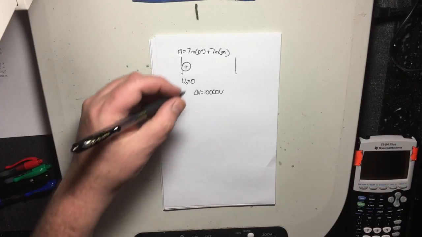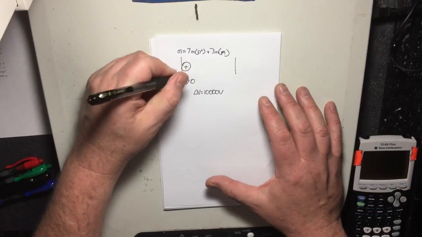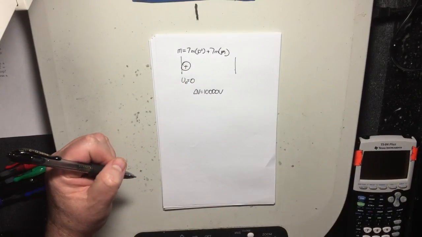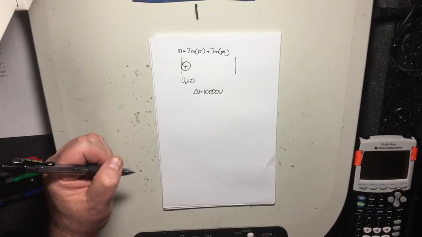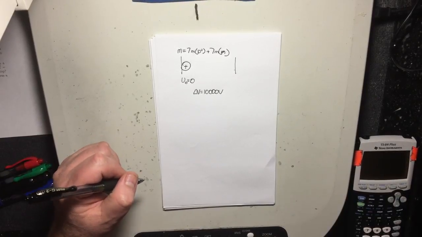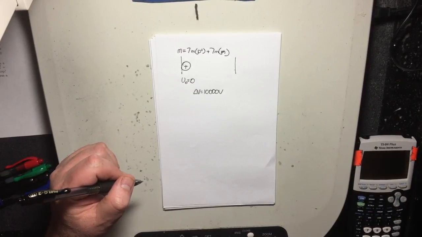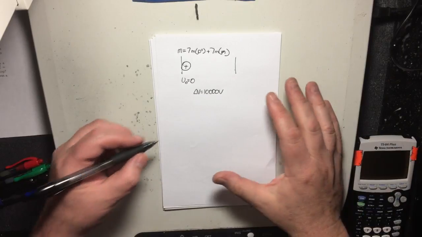So here, initial velocity is 0. The only source of energy at this point is the potential energy.